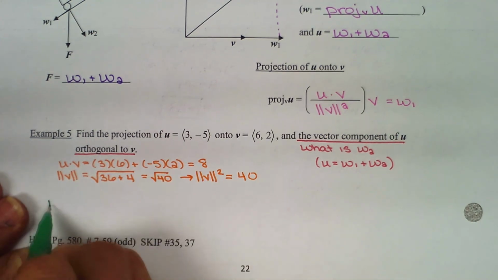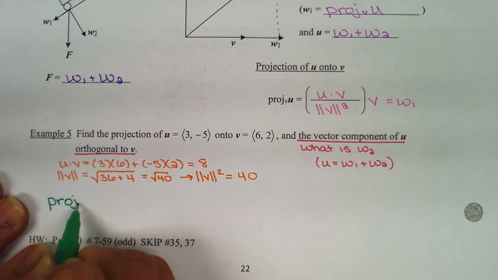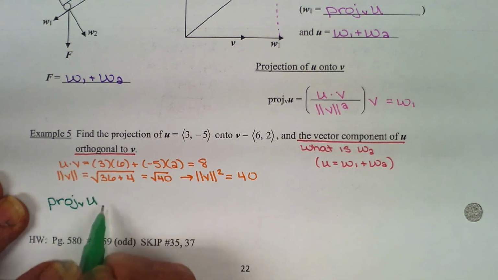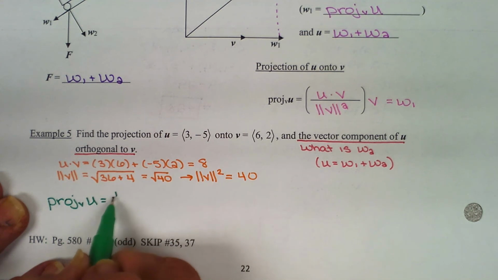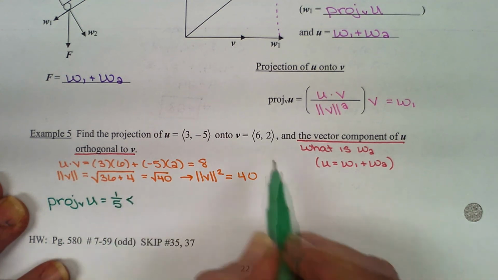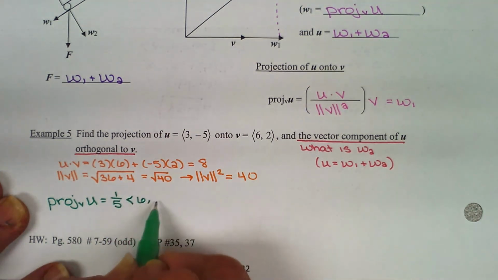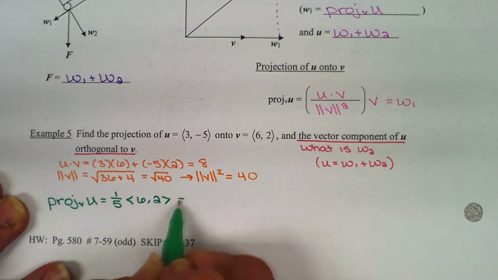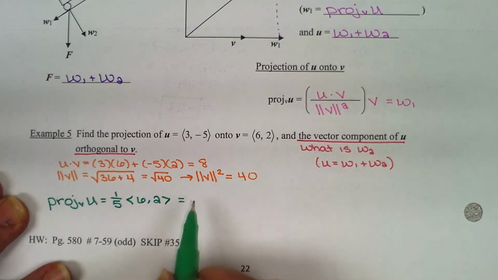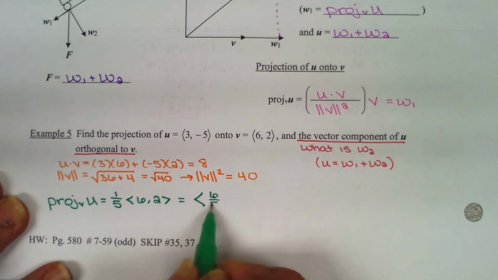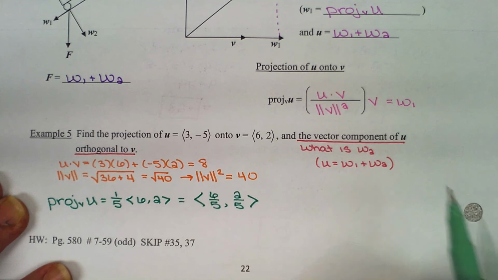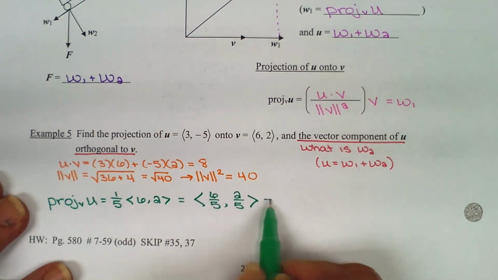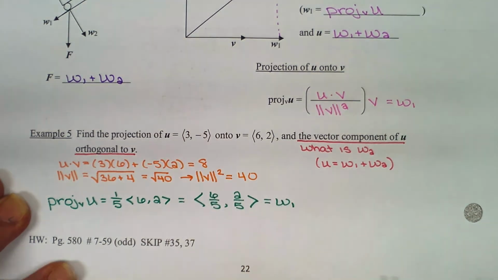So the projection of U onto V is that 1/5 times the vector V, which is (6, 2), which if we distribute gives us the vector (6/5, 2/5). That is the projection of U onto V, which is the same as W1.